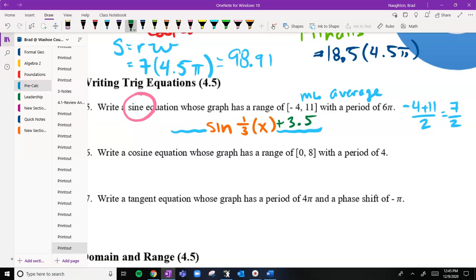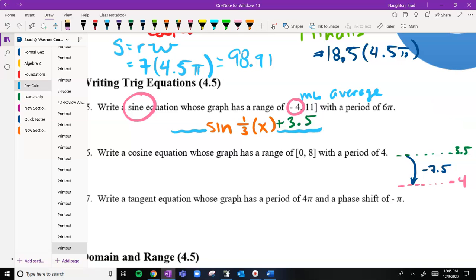So how are we going to get there based on what our minus is? If my midline here is at 3.5 and my least number, or the min, is -4, how did we go down to get there? We went down minus 7.5.